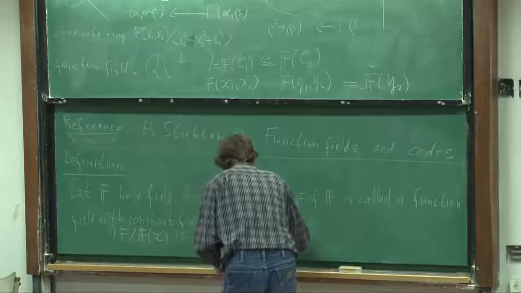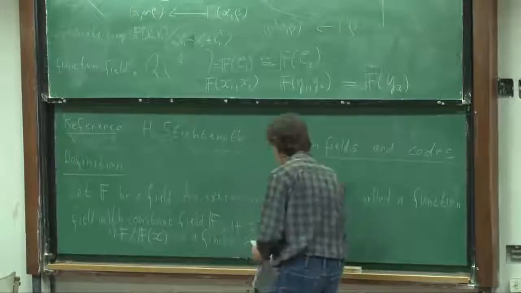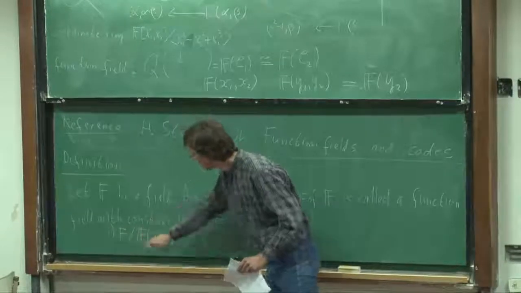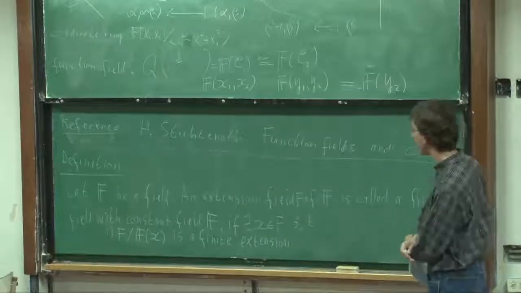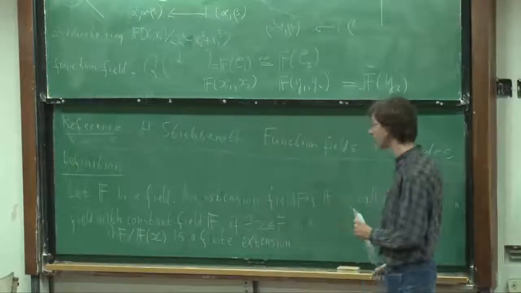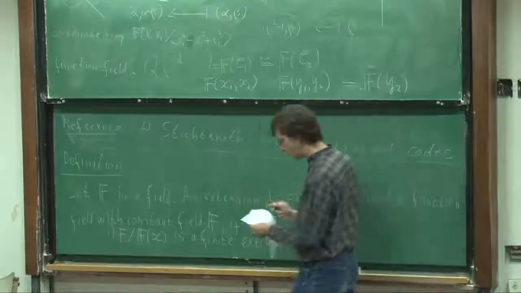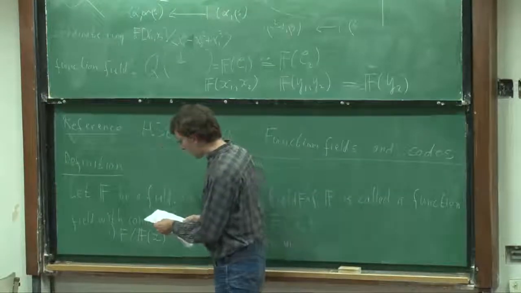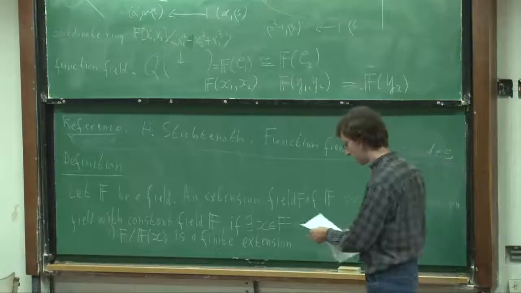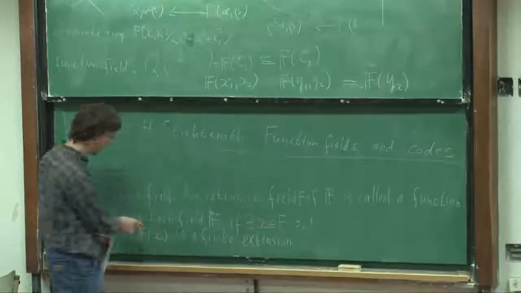the extension, this is a subfield, the subfield generated by the field of constants and this element, has to be finite. That somehow nearly captures that it is a one-dimensional object.